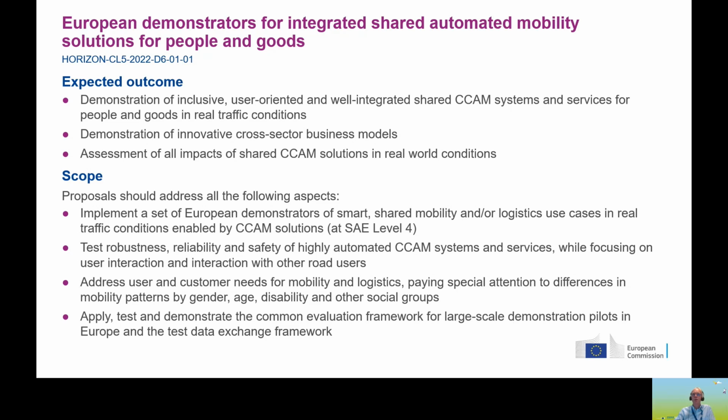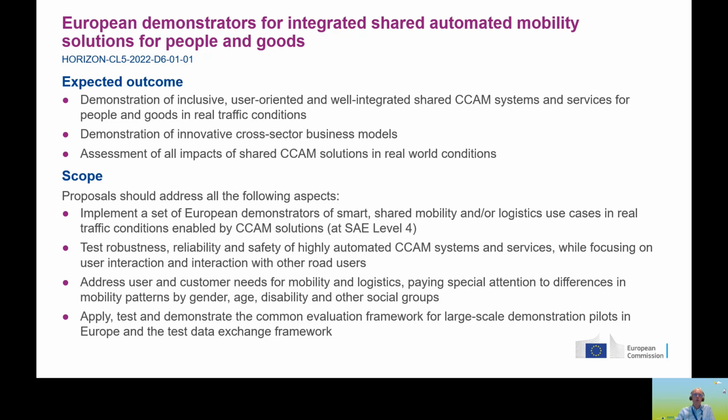Now, for the scope of these proposed actions, firstly, what should they include? First of all, these projects should implement a set of European demonstrators of smart, shared automated mobility and automated logistics solutions in real traffic conditions. These solutions should be tested in ambitious and realistic operational domains.